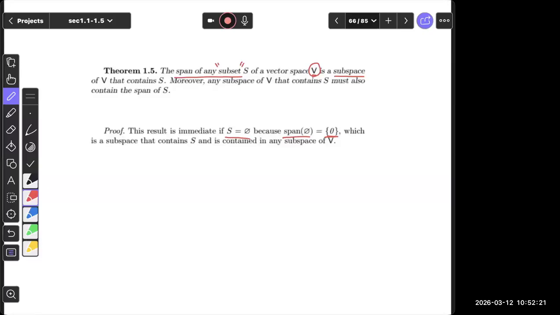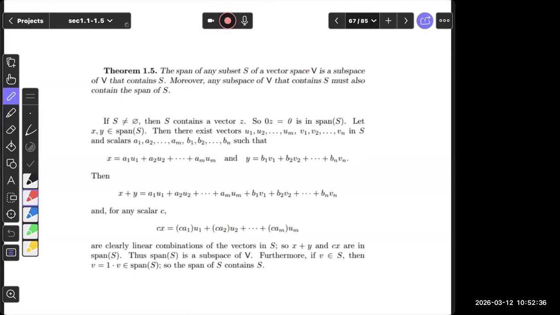So it is a subspace that contains S, and it is contained in any subspace of V. Now let us consider the case when S is not an empty set. Then there must be some element in S. So S contains some vector, say z.